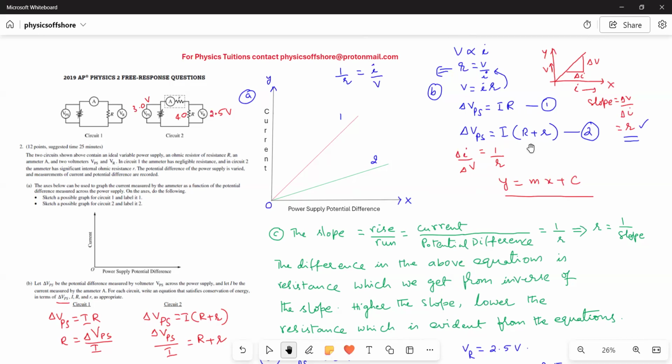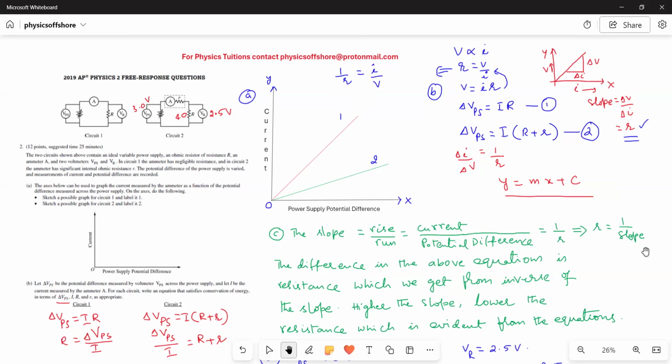Higher resistance means the slope must be less. Because we are drawing the graph of current versus potential difference, the slope gives, instead of R, 1 by R. So 1 by R is equal to the slope, or R is equal to 1 by slope.